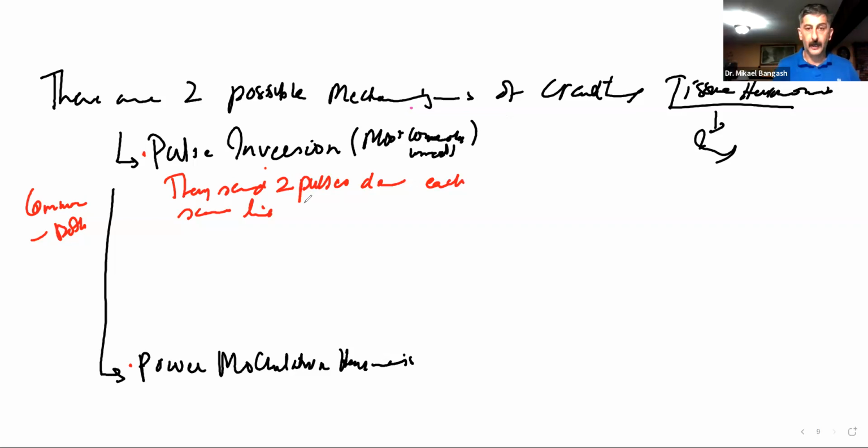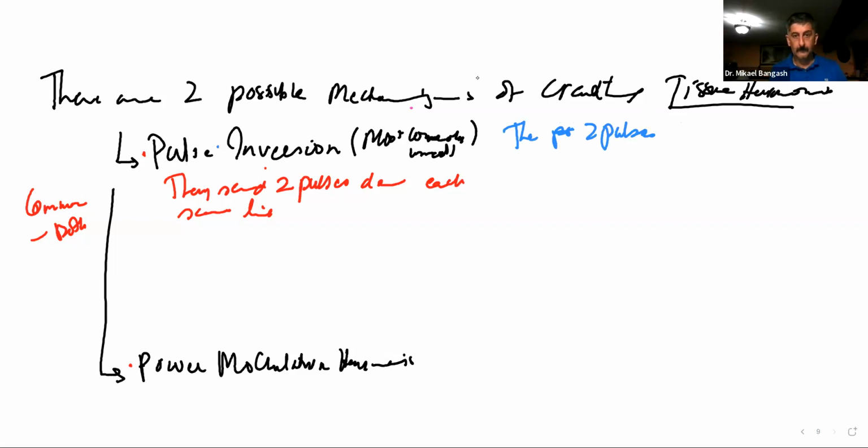Now, the difference between pulse inversion versus power modulation is that in this case, there are 2 pulses that, as we see here, are inverted.